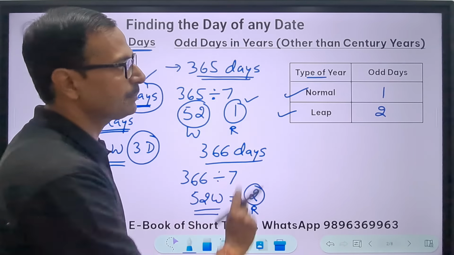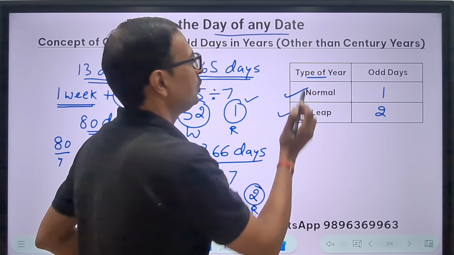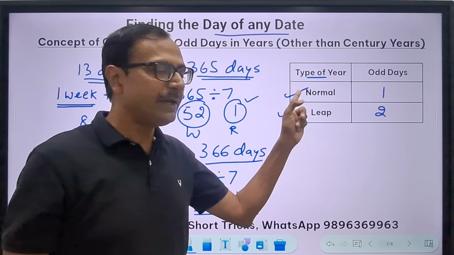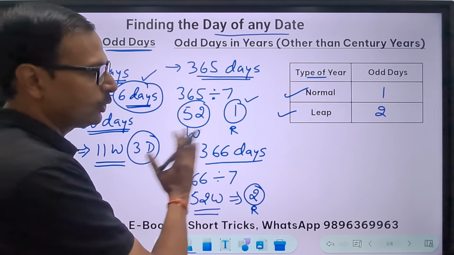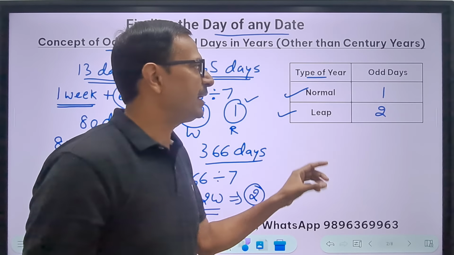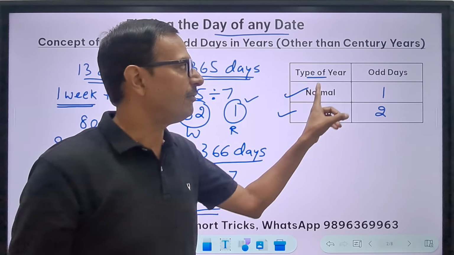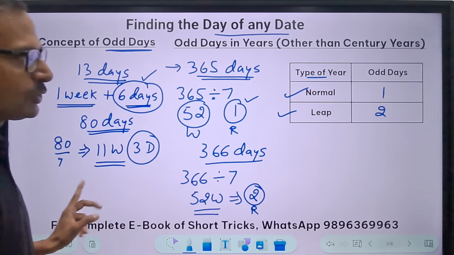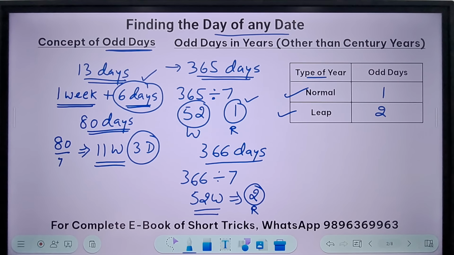So very important concept. If you have to find the day of any date, you should know whether the year which is given to you is a normal year or a leap year. That I told you in the previous slide, and on this slide I told you that in a normal year you have 1 odd day, and in a leap year you have 2 odd days. So another very important concept.